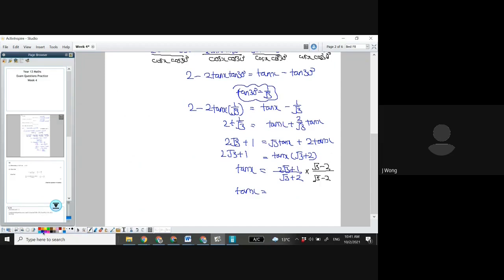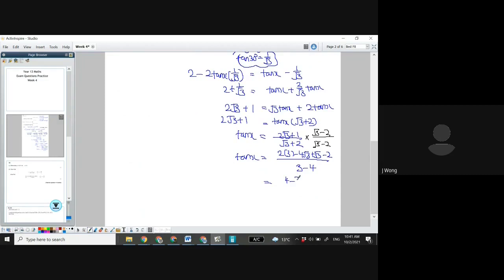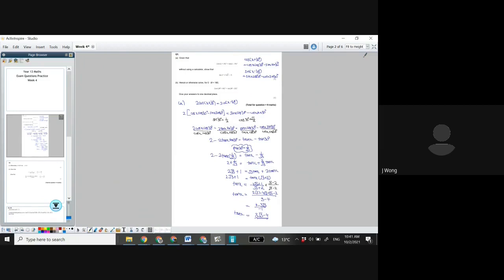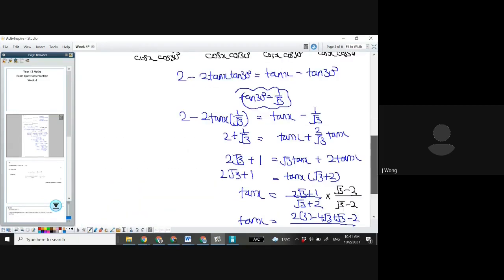If you do that, you will have at the bottom 3 minus 4, and on top you have 2 times 3 minus 4 root 3 plus root 3 minus 2, which gives 4 minus 3 root 3 over minus 1, or 3 root 3 minus 4. That's tan x, which is what they have. Sorry, it's a little bit zoomed out, but this is what they have.